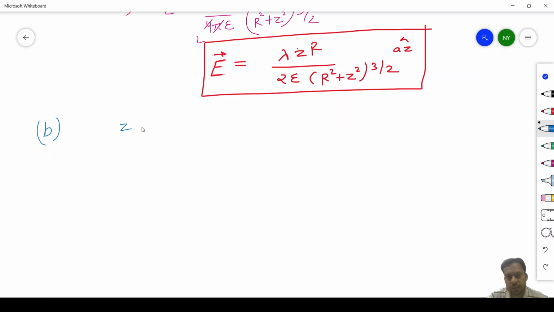So we have to differentiate it with respect to z. We have z in the numerator and z in the denominator, so we will apply the quotient rule.